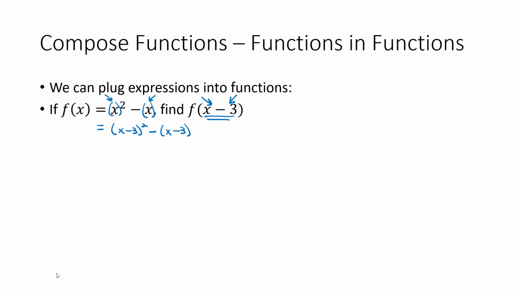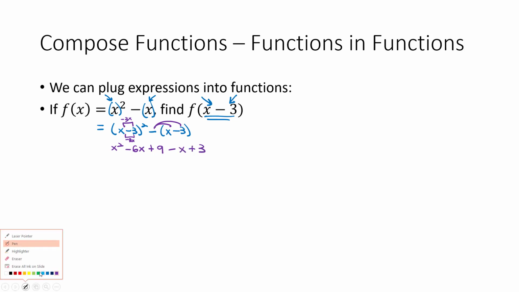And then we can do some simplifying. We can square a binomial by squaring the first. Don't forget to take the product, negative 3x and negative 3x twice is negative 6x. Square the last, 3 squared is 9. Distribute that negative through, negative x plus 3. And now we're ready to simplify our final answer.